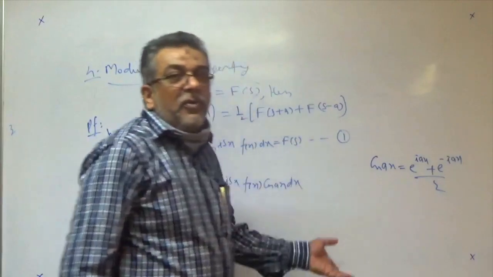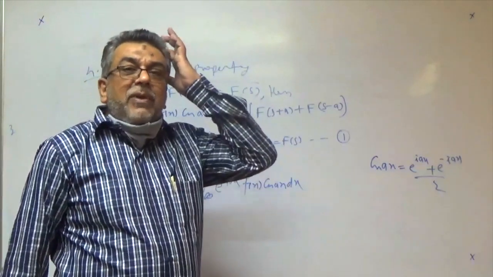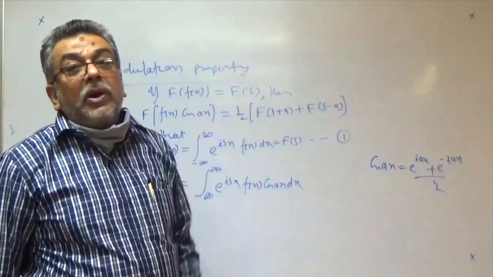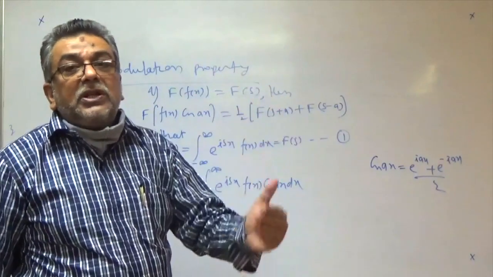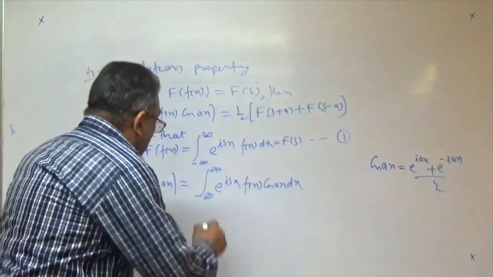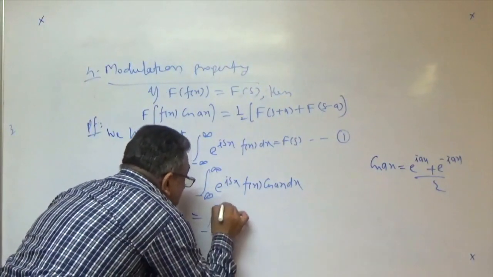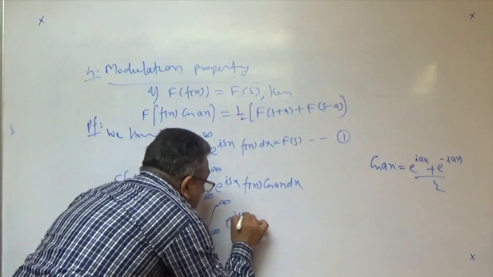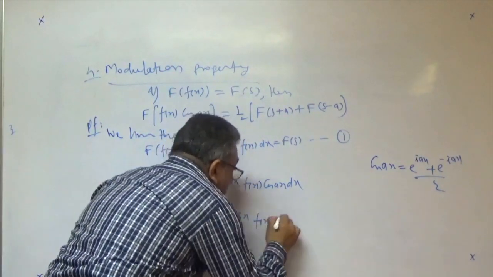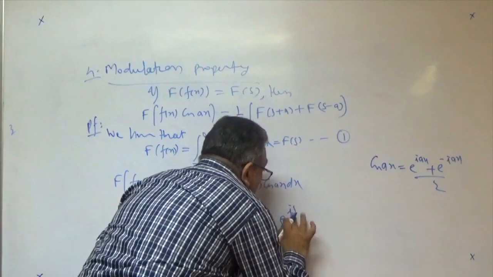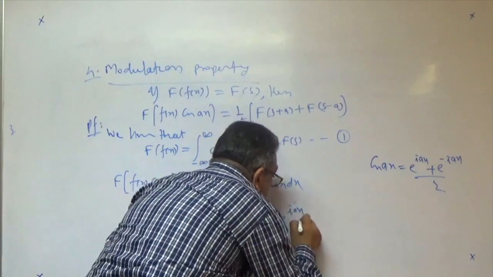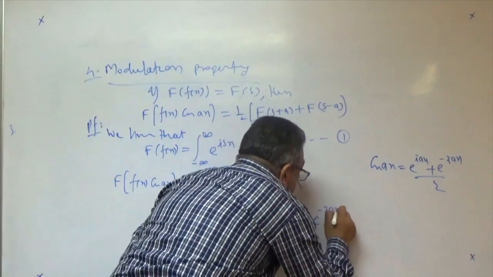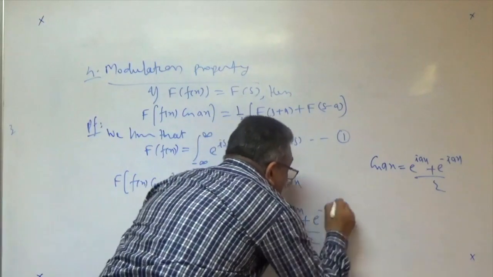This is a standard formula obtained from Euler's formula, e to the power i theta equals cos theta plus i sin theta. So by this formula, cos ax will be changed as f(x) times e to the power i a x plus e to the power minus i a x upon 2 dx.